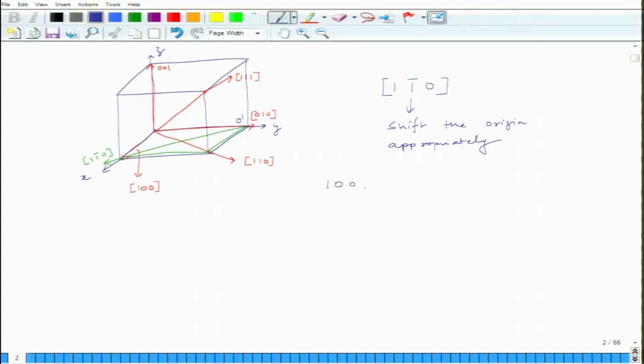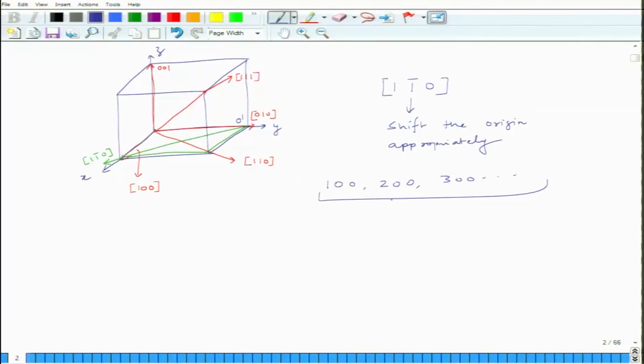And in direction you can see that 1 0 0, 2 0 0, 3 0 0 all are same directions. In case of planes we write 2 0 0 plane, 3 0 0 plane, because they have different spacing. In case of directions, when it's 3 0 0 direction, 4 0 0 direction, you don't write it's 4 0 0 direction, you write it as 1 0 0 direction, because it's a vector.